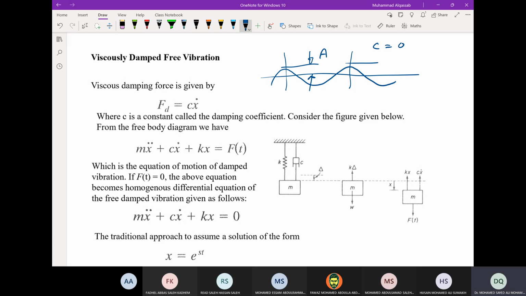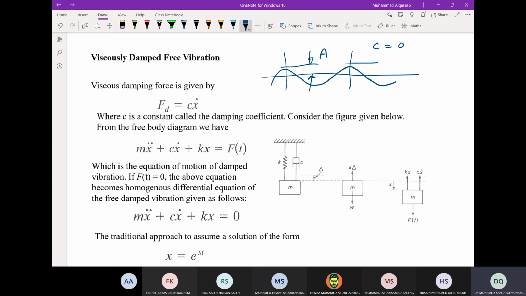Other types of damping include friction, hysteresis, internal damping of materials, air resistance, and drag forces. Those also reduce the amplitude of vibration with time. But this one you can control.